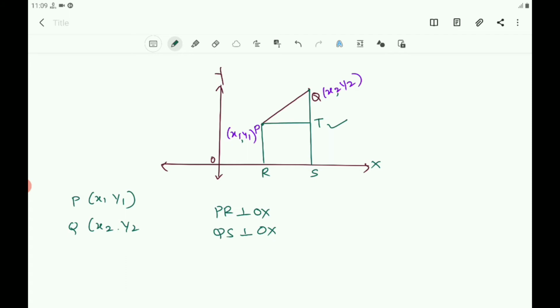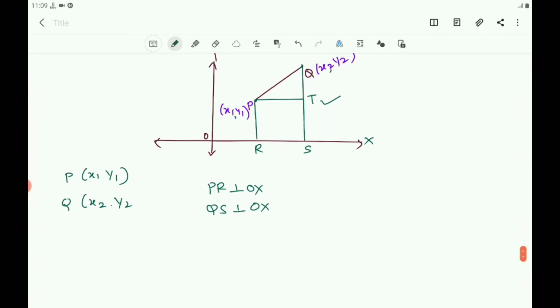Then you know that OR is the distance on the x-axis, and that is nothing but the distance of the point P from the y-axis. So here this is the distance of the point from the y-axis, that is nothing but OR.